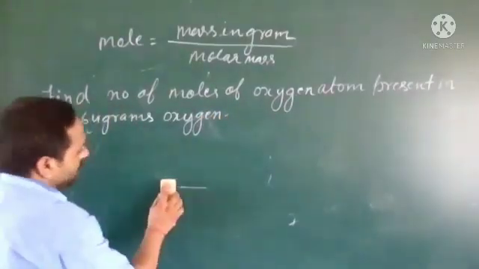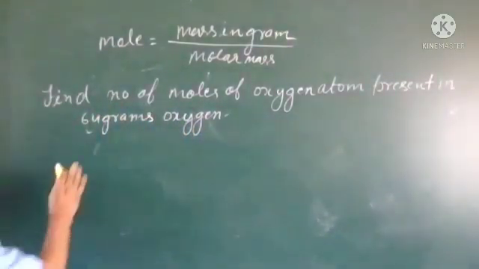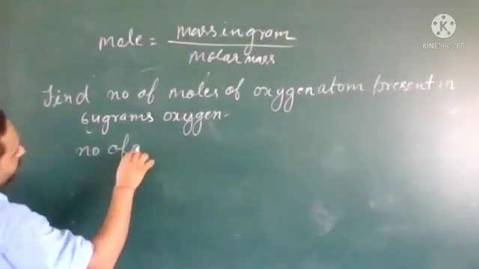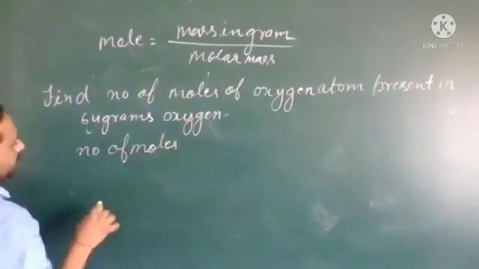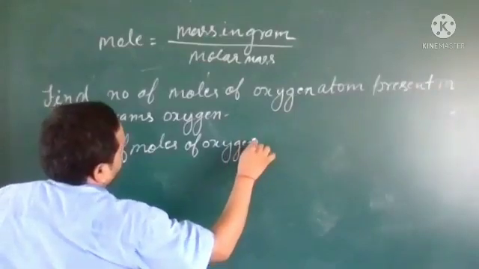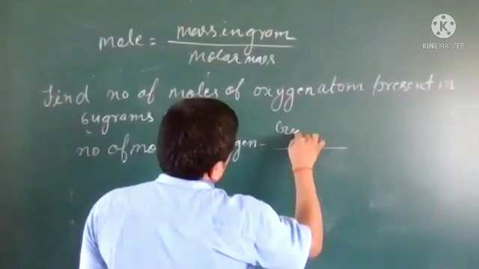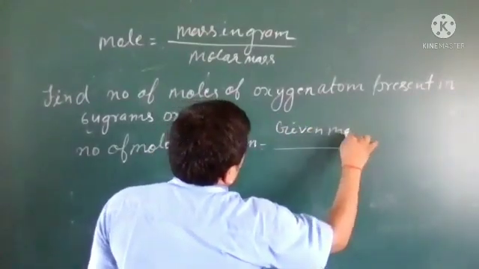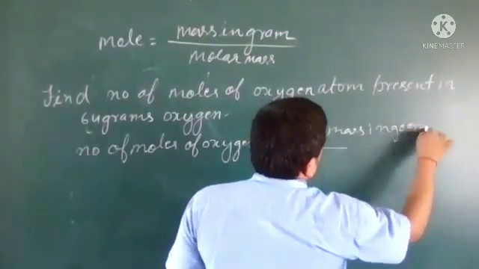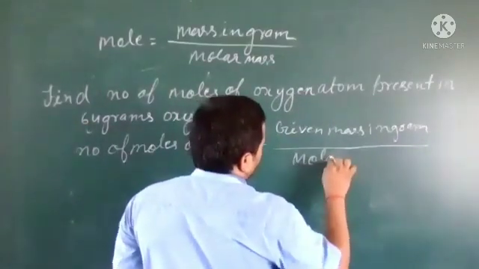So here, the simple formula we know: number of moles of oxygen equals given mass in gram divided by molar mass.